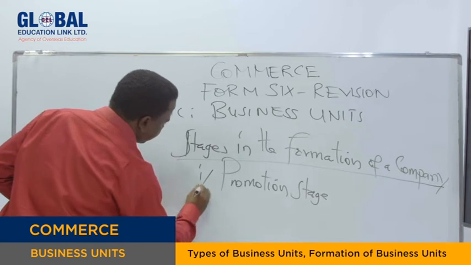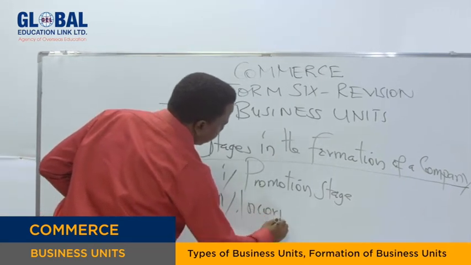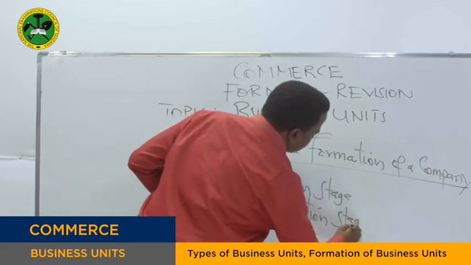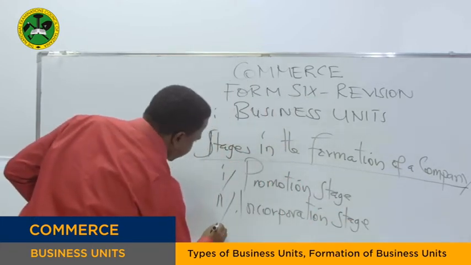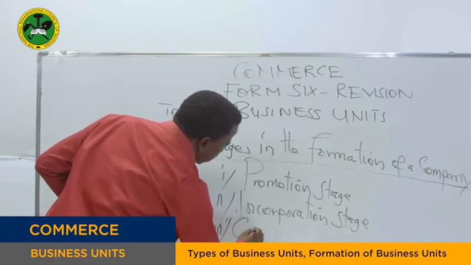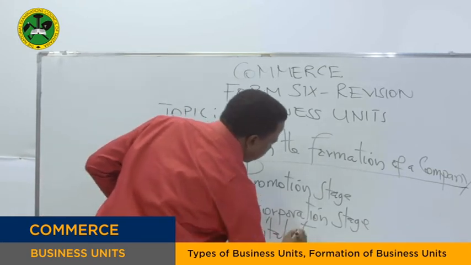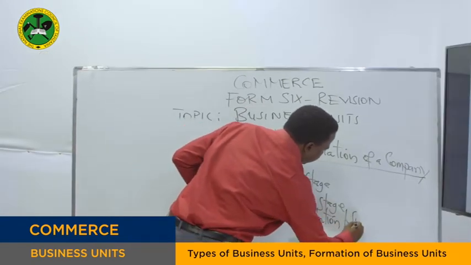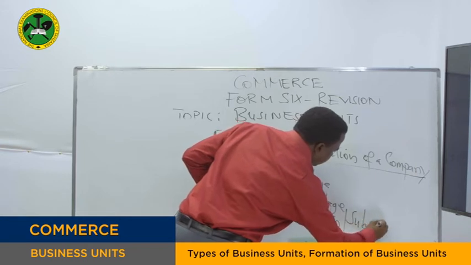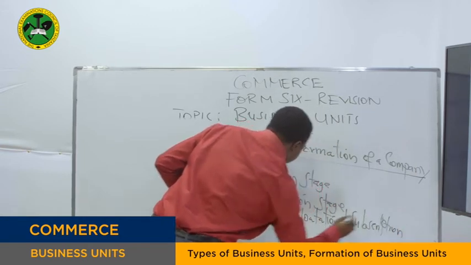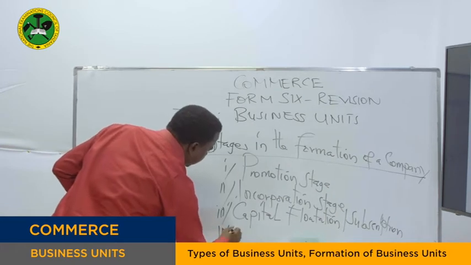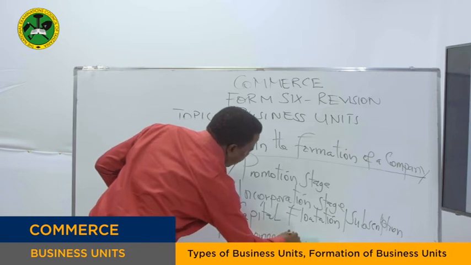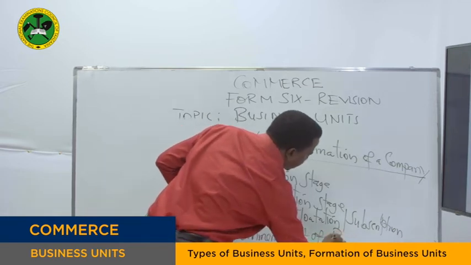Number two is incorporation. Number three is capital flotation or subscription. And the last stage is commencement of business.